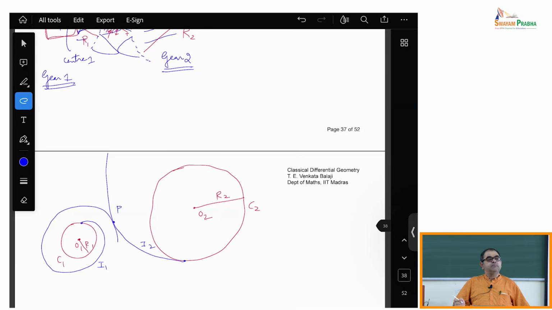Now you see, by the very definition of involute, here is where my diagram is going to get messed up, so I think I'll have to draw it correctly so that I can convince you.